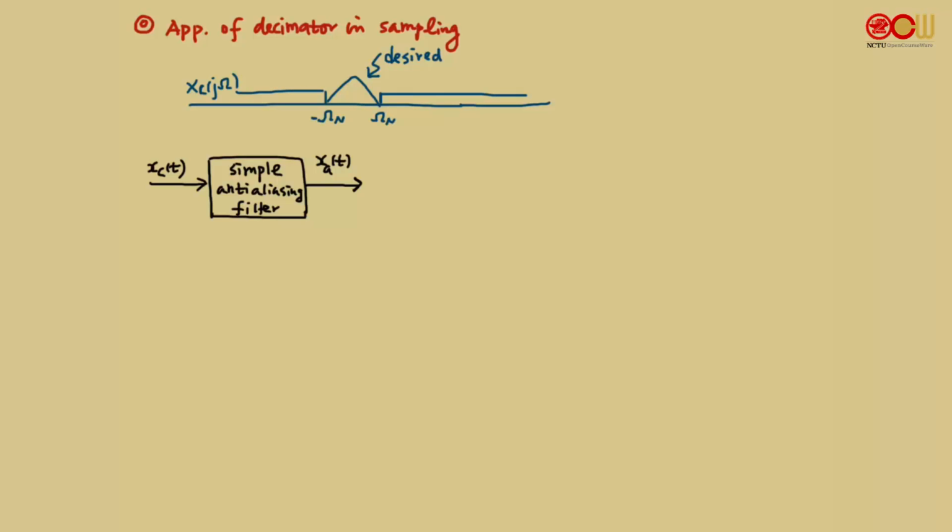So this is what X c looks like in the frequency domain. This is noise. Now the idea here is we use a simple anti-aliasing filter, H AA of j omega.